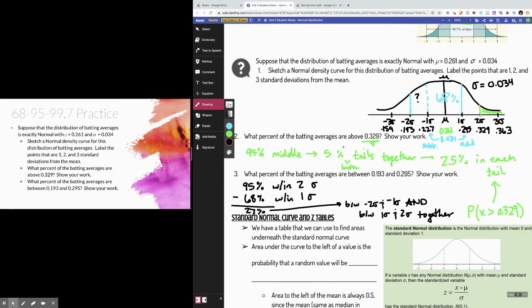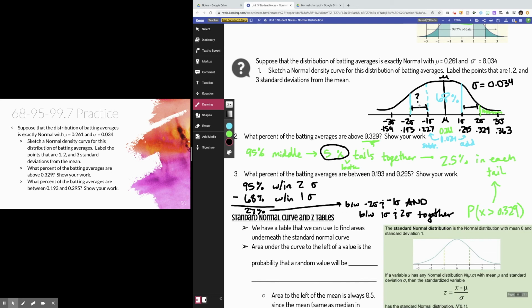Just like this 5% up here was not 5% in each tail, it was 5% in the 2 tails together. So there's 27% of the data in this area and this area combined.